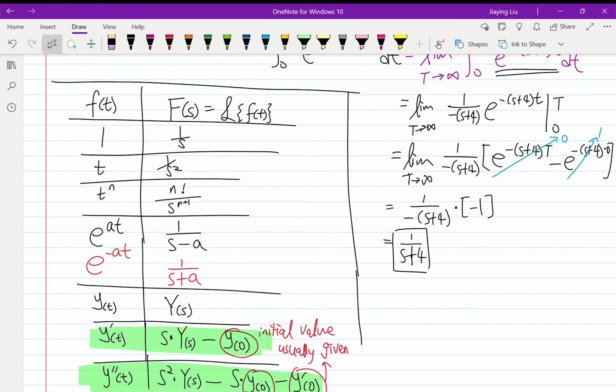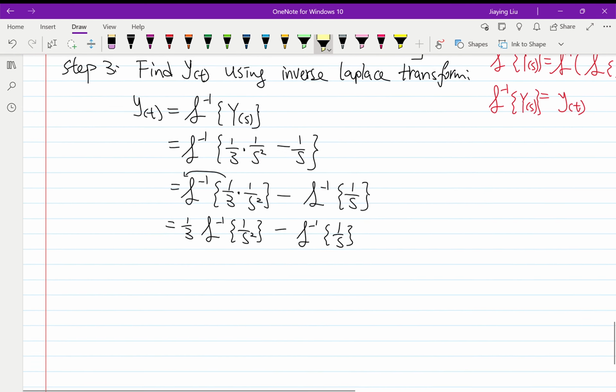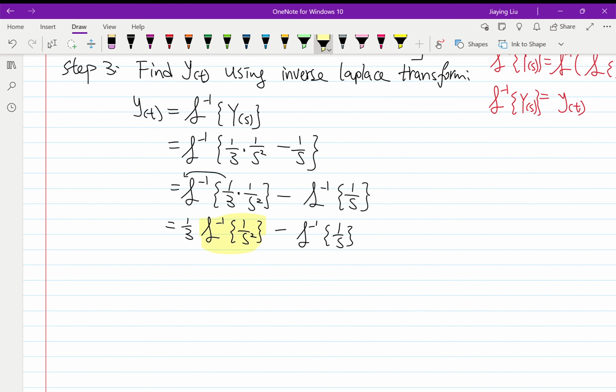That should take us back to f of t. So we're just going to look for 1 over s squared here and then figure out the corresponding t function, which is this part. So if we have 1 over s squared, we take the inverse Laplace, we should get a t out of it. So that's what the first inverse is. That part becomes t. So we get 1 over 3 times t.